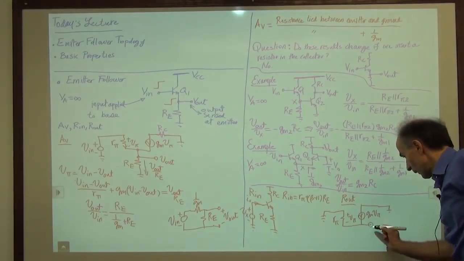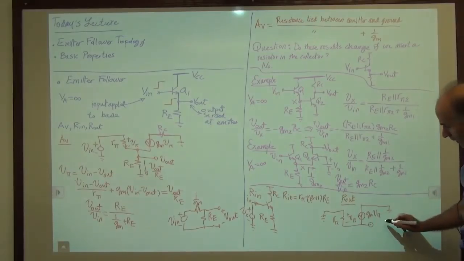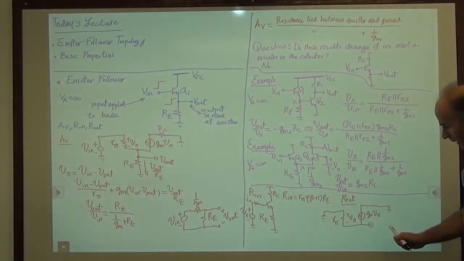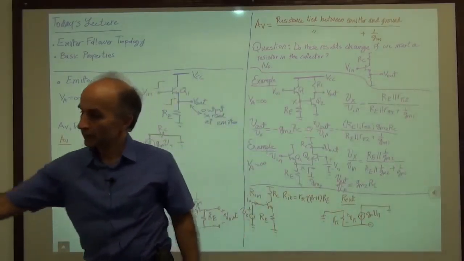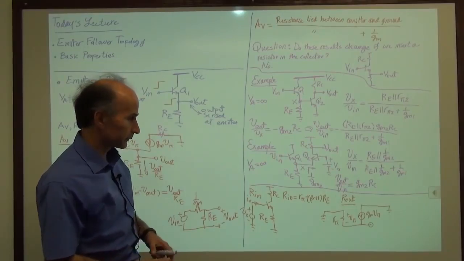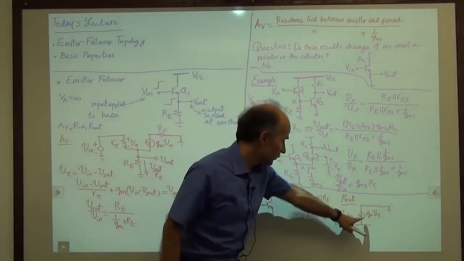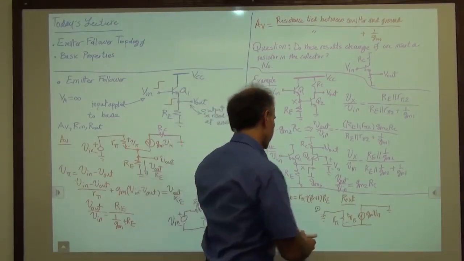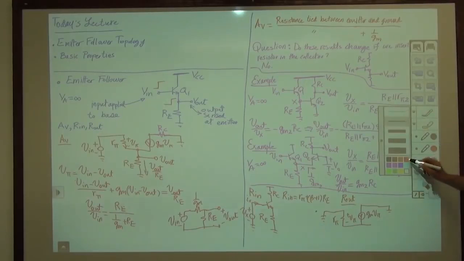I hope you agree with me that doesn't do anything. Let's see, my pen has frozen. Let me take the other pen and see, maybe this pen is better. Okay, so we have R pi, gm V pi, and now let's go back to red.